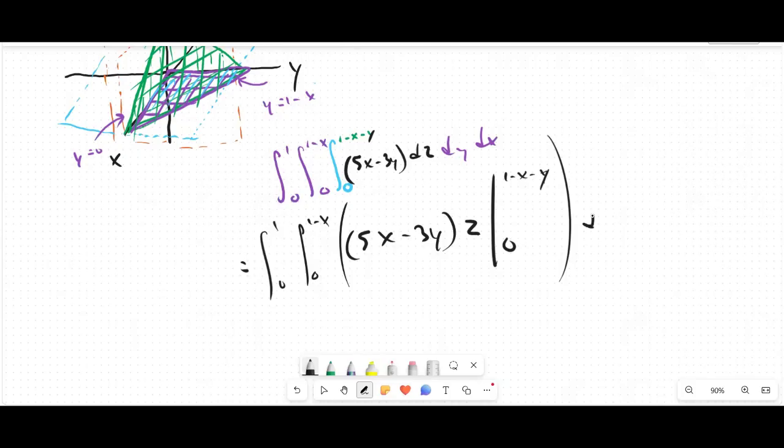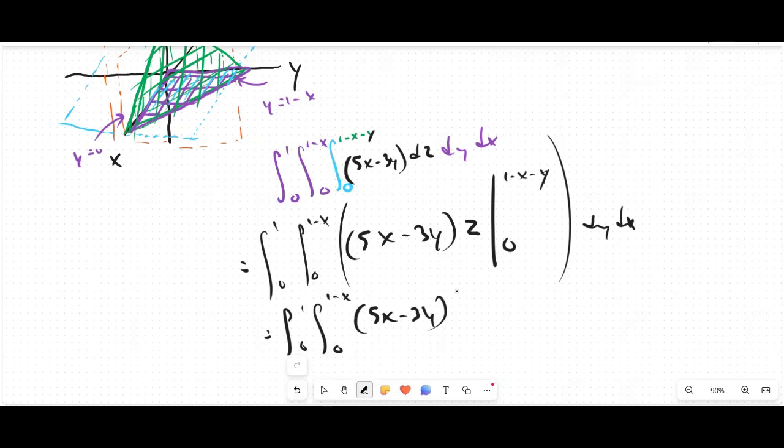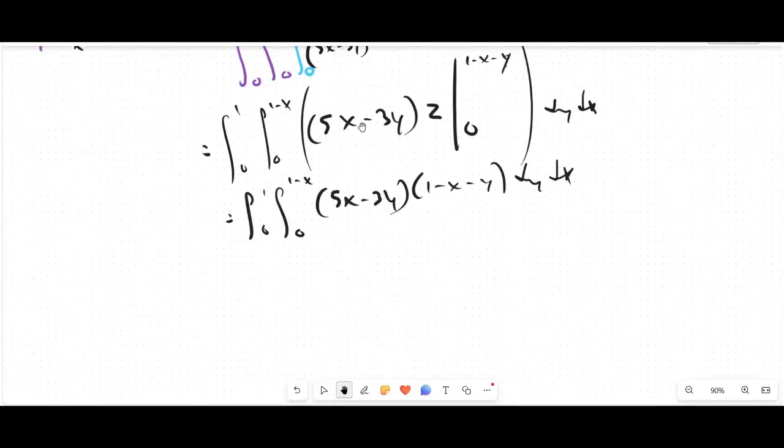If I evaluate that, I get 5x minus 3y, 1 minus x minus y, dy dx. I just plug in 1 minus x minus y for z.